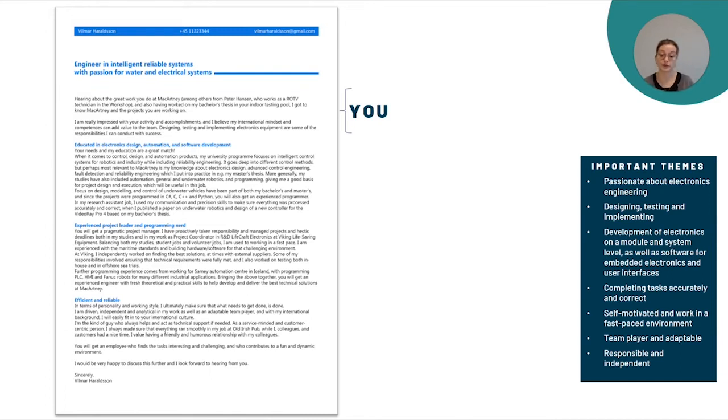That's what you put here. The middle part is the we part. That's where we go into details on what we can make together in this job, working in this company with you, what we should do. And finally, at the end, you have the I part. Who am I as a colleague, as an employee, the more personal part.